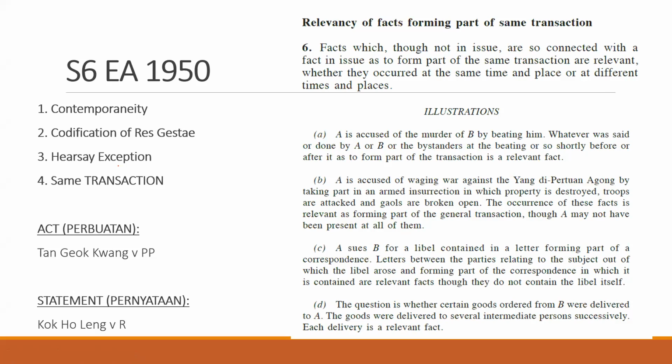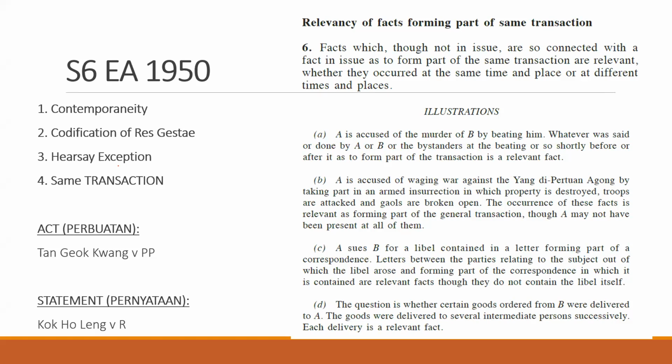Very important, because whenever the statement or the act comes out from, let's say, for example, the victim, my wife. Again, my wife, if let's say the sister was in the next room where the murder took place. So before she died, she said that she killed me.